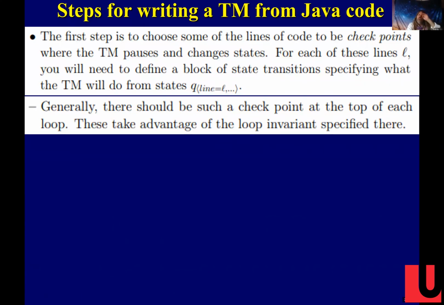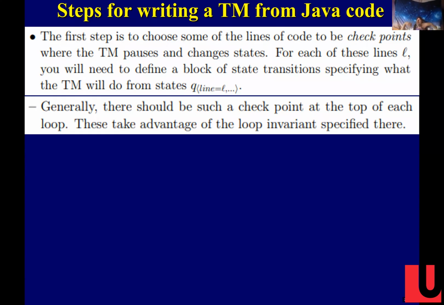Now, you know that I'm also very religious about loop invariance, right? The way to think about an algorithm is I'm at the top of the loop and I have a picture of what's true about my data structure when I'm at the top of the loop.